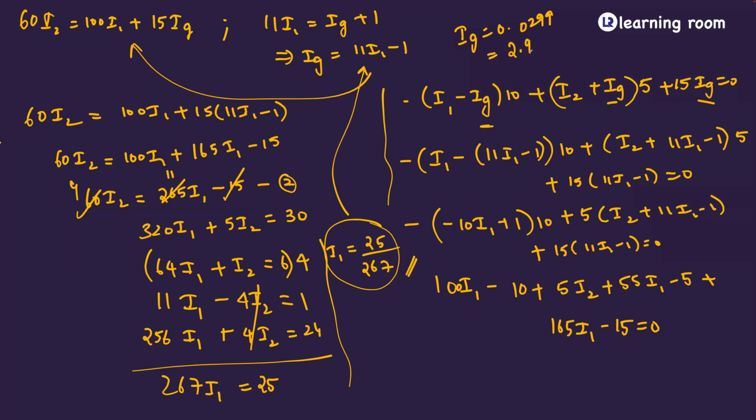Can I take it as 2.9 into 10 power minus 2 ampere? Yeah. So 2.9 into 10 power minus 2 ampere. What is the answer given in the textbook? 4.87 milliampere.